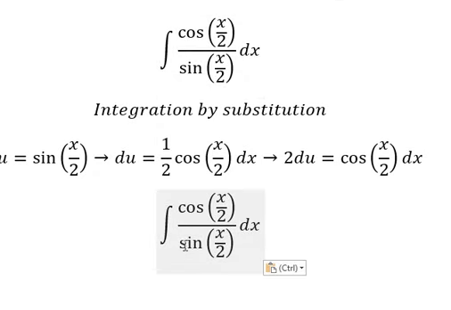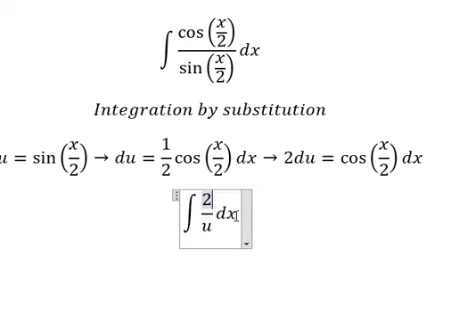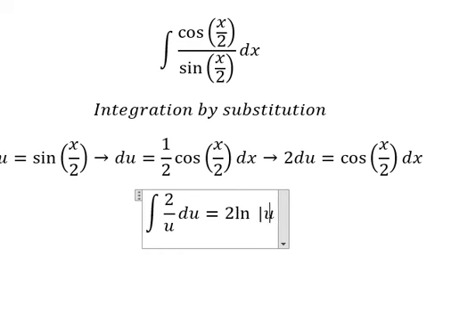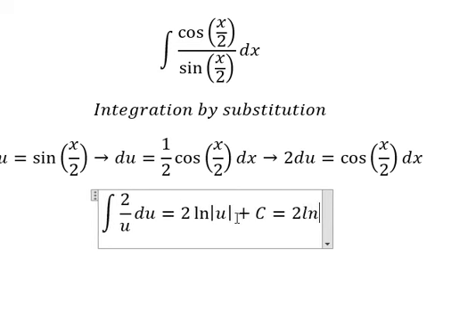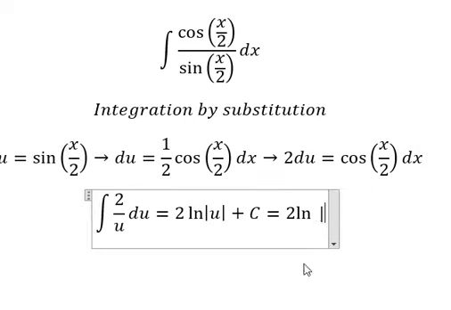So this one we change for u. This one we change for 2 du. And now we have the final answer about u, that is about this one.